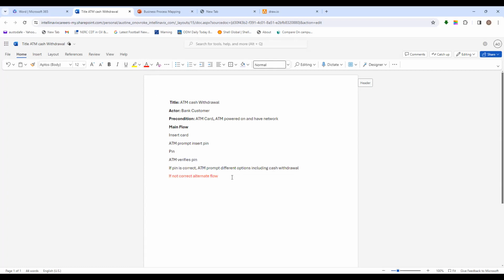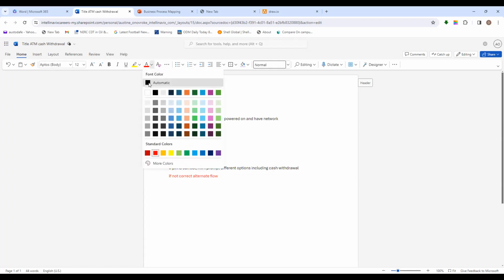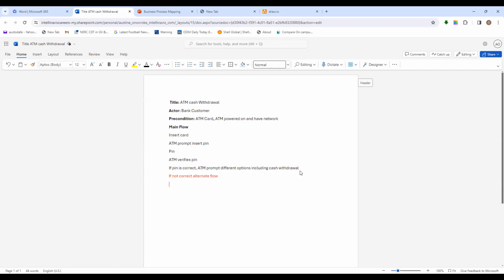Now, what is the next stage right now? After it prompts you, let's assume the PIN is correct. What now happens? The customer will select. You will select withdrawal because we said it will show the options, including cash withdrawal.